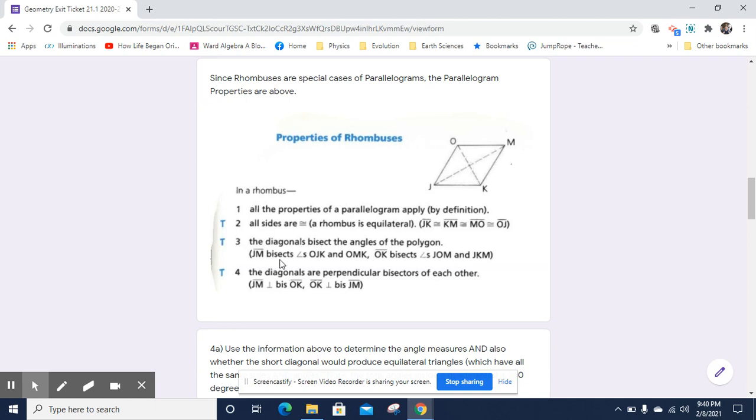The diagonals bisect the angles of the polygon. That means this diagonal splits JOM into two congruent angles, and JM bisects OJK and also OMK. Those are bisected by that. And the diagonals are perpendicular bisectors of each other.